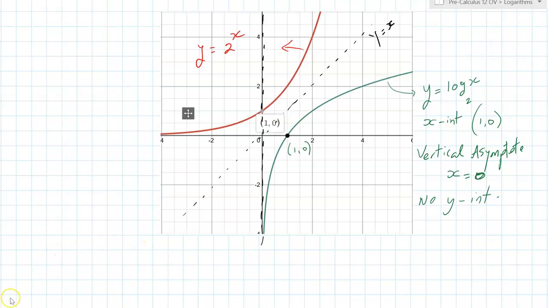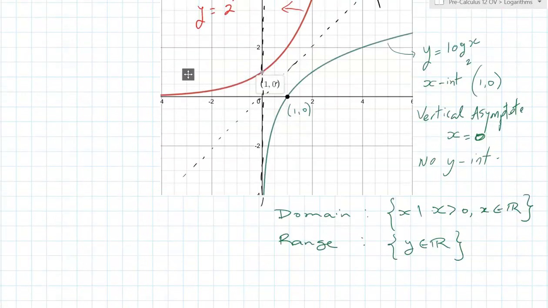That's basically it for the parent logarithmic function. The last thing we need to talk about is domain and range, just like for any other function. Looking at the graph, you can see the x values have to be greater than 0, and the range goes up and down forever, so y belongs to all real numbers. That's the typical domain and range, though of course it changes depending on the transformation of the function.